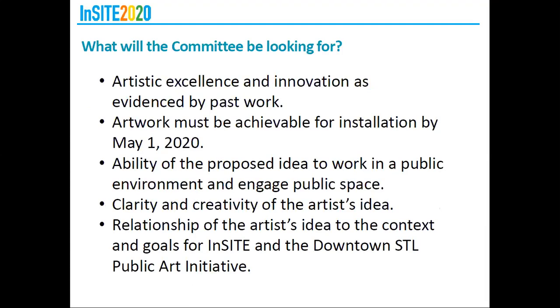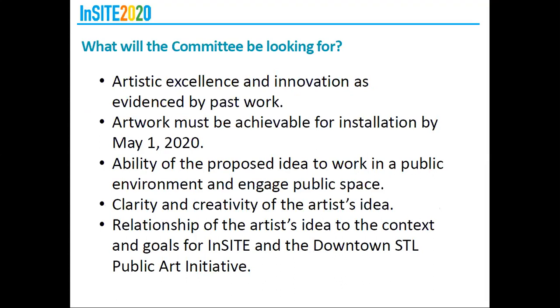So what the committee will be looking for, again, this is the criteria that comes directly out of the call. It's about both the artistic excellence and innovation of your work, as evidenced by the portfolio that you'll be submitting, as well as your idea. For the idea part of the project, we're not asking for full proposals here.